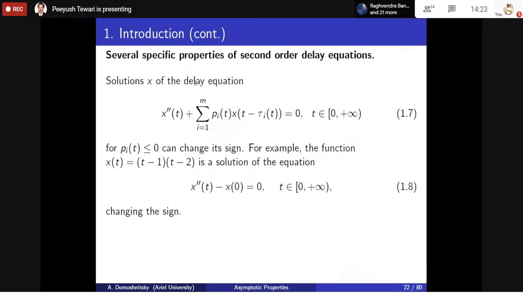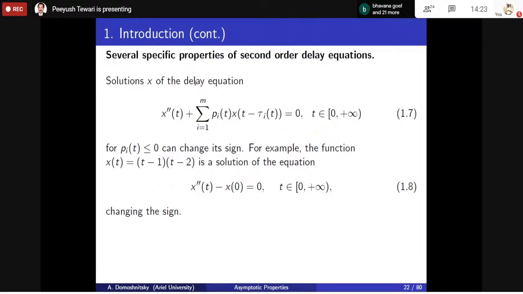If we consider an ordinary equation where tau of t is 0, what do we know? Even with constant coefficients, we know that we have two real roots of the characteristic equation, and we see that a solution of this equation can have only one zero.